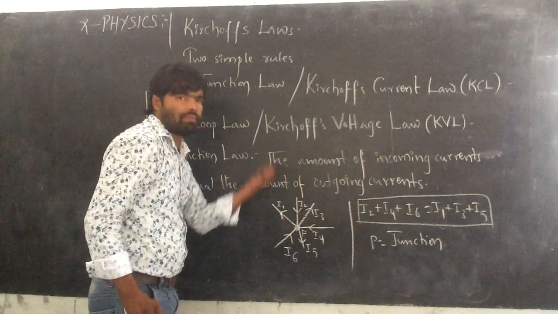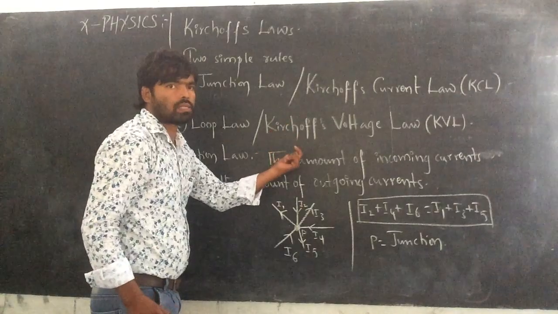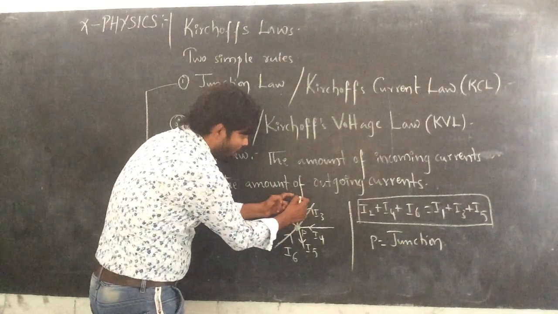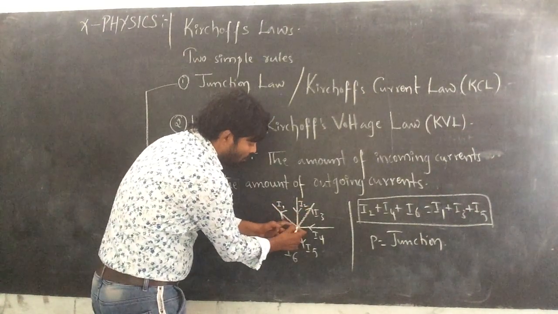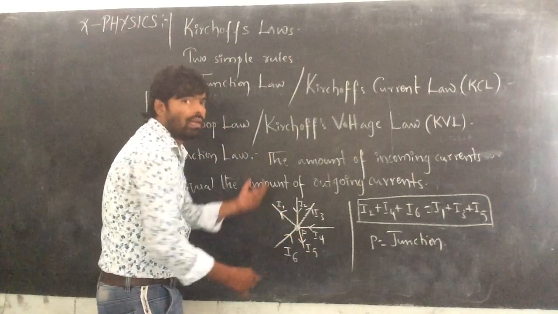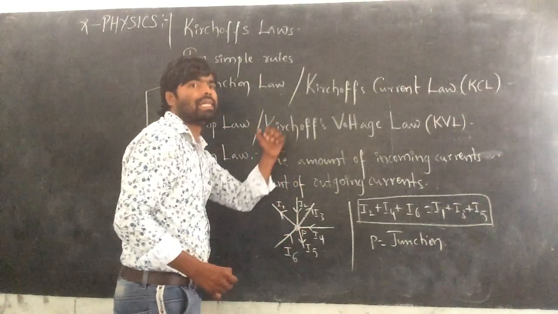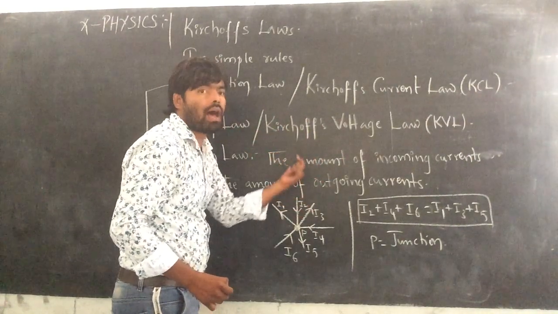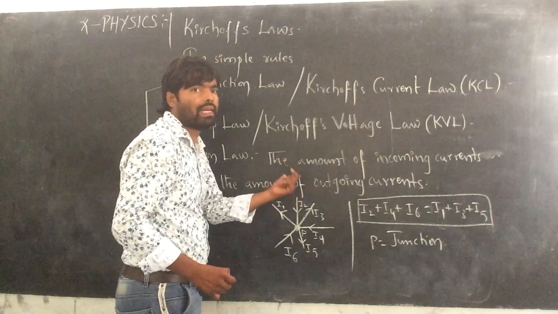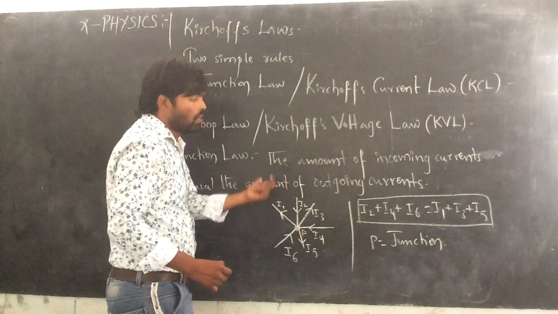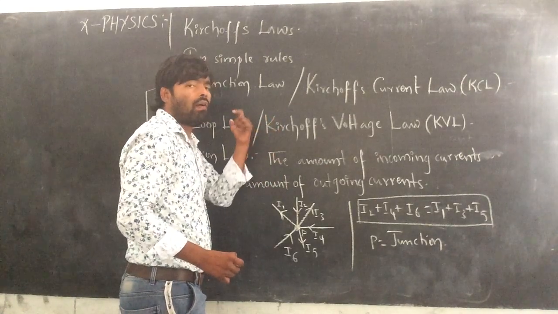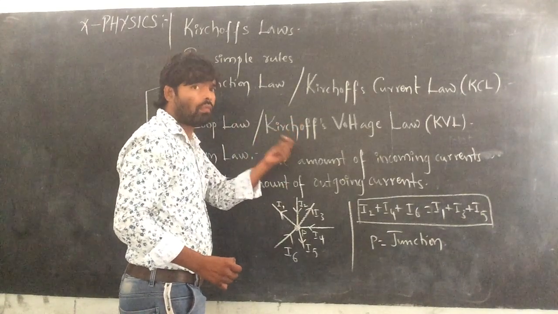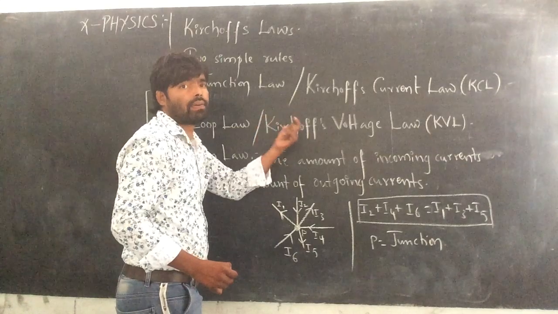When the current is coming, it is nothing but electrons carrying a charge. When they carry charge towards the point P and then go out, no charge is wasted. So here the charge is conserved. We have already discussed in previous classes that when energy is conserved, we call it the law of conservation of energy.